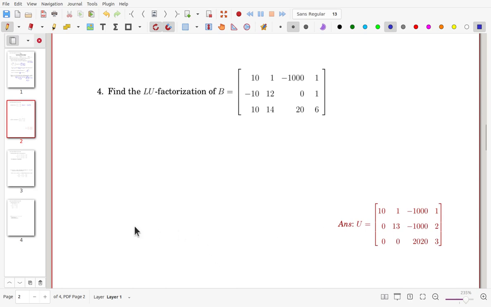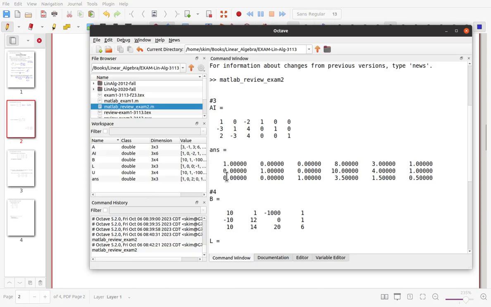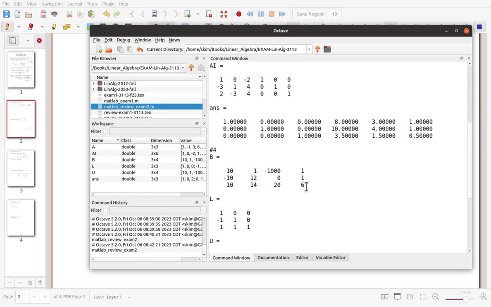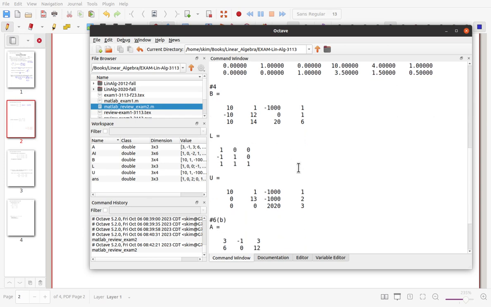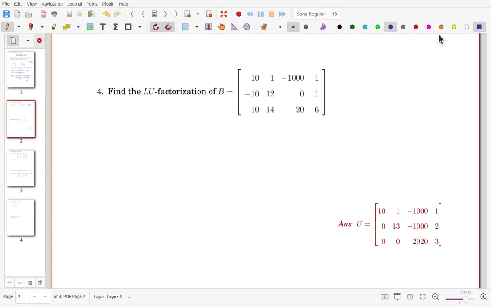Also for number 4, B is defined, and we try to get the LU factorization, so that L is given in this way, and U. I put it in the document, and you have to do this one manually and understand how you can get the LU factorization. Okay, now try to do it yourself. This is the solution for the LU factorization.